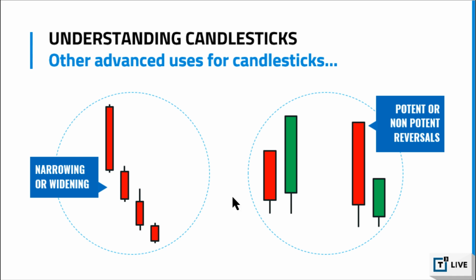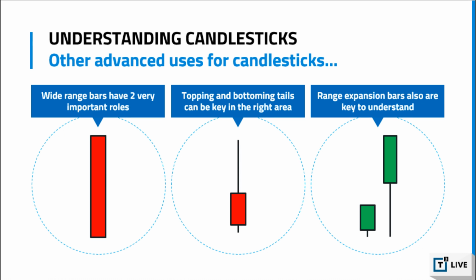We'll also talk about 2-bar reversals and the level of potency of the reversal, when the second bar reverses the red bar in this case. So we'll talk about the level of penetration, the size of the bar. Again, we'll talk about that in future videos, hopefully just the next video.